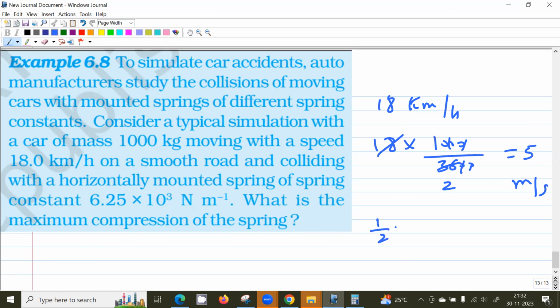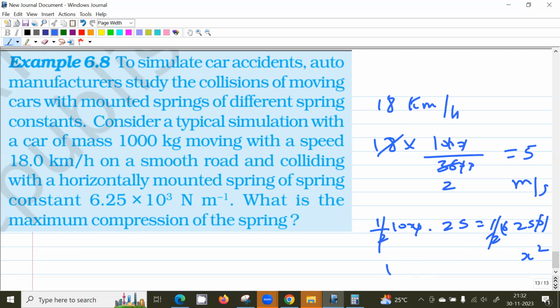So half m is 1000, into 25, that should be equal to half k, which is 6250, so 25 into 10 to the power 1. Half and half cancel. If you take the square root, x is 20. No wait, I'm wrong.